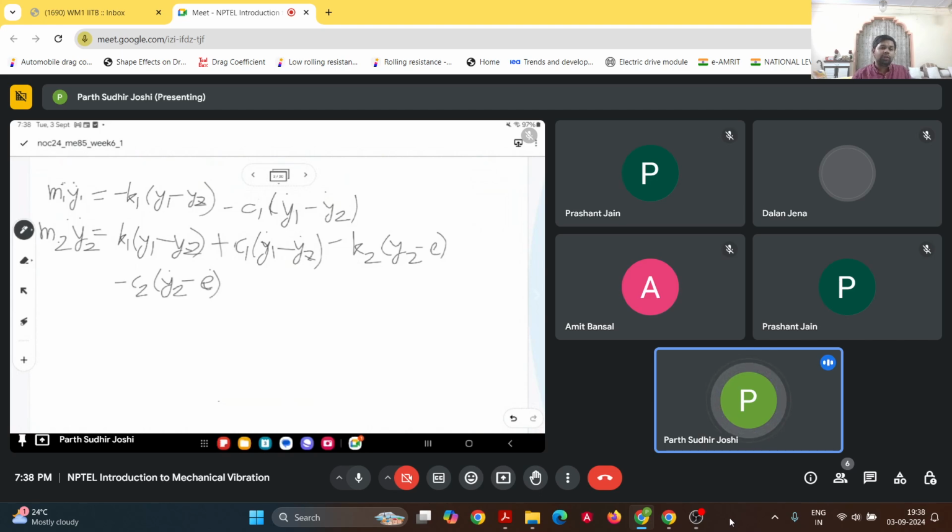What we can do is rearrange the terms and take the terms which are functions of y1 and y2 on the left hand side, and retain the terms which contain e and its derivatives on the right hand side, because it is already known.